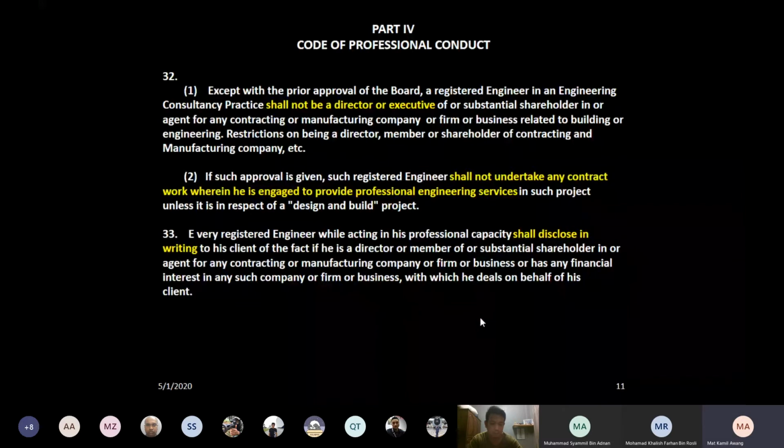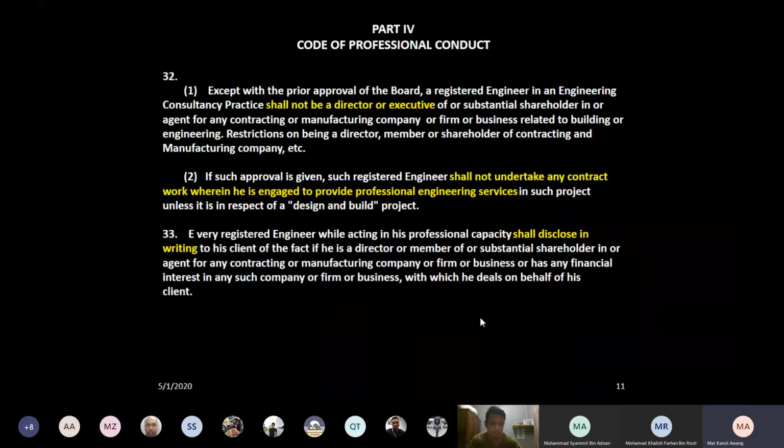So in that kind of situation, you apply to the board: look, this part is vital to this project, and this is the only company in the world that can produce it, and I am the owner of that company. So the board will give an approval, but you have to apply.